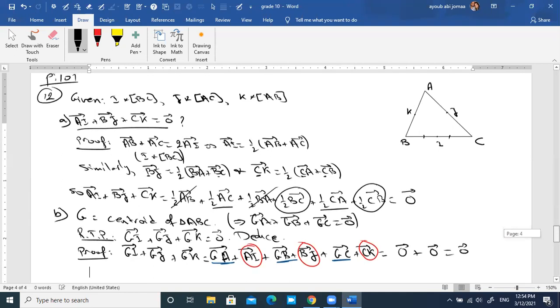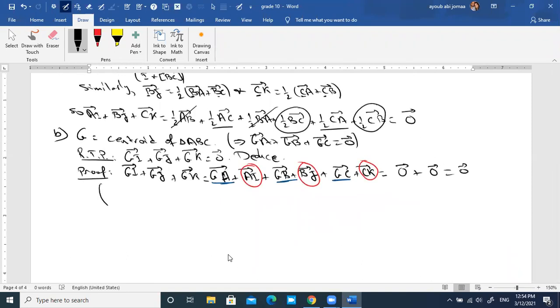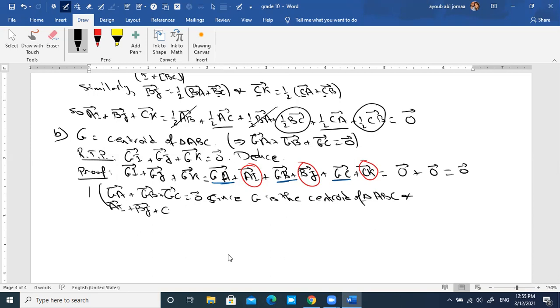But to write a simple justification here, between brackets: GA plus GB plus GC is equal to 0 since G is the centroid of triangle ABC, and AI plus BJ plus CK is equal to 0. This is proved in part A.